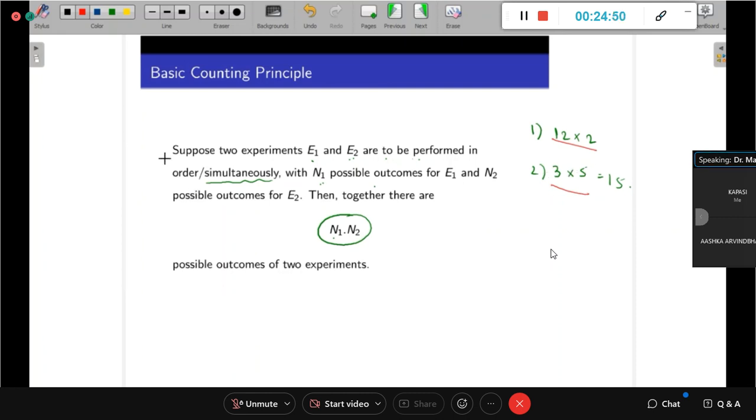The statement is that suppose experiments E1 and E2 are to be performed in order or simultaneously, and E1 has N1 possible outcomes and E2 has N2 possible outcomes. If you focus on this example, you have the women and children.